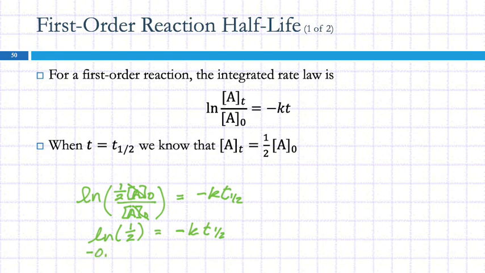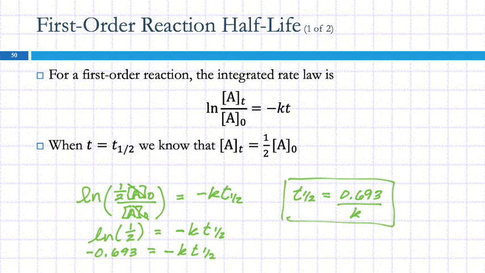It's negative 0.693, and that's how they usually report it. It's negative kt1/2. So we can solve that equation for t1/2, and t1/2 is going to equal 0.693 divided by the rate constant. Any questions?